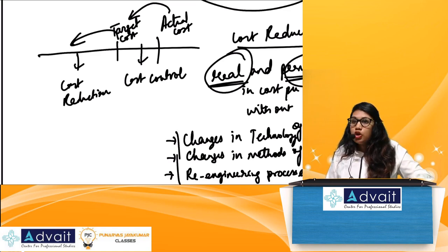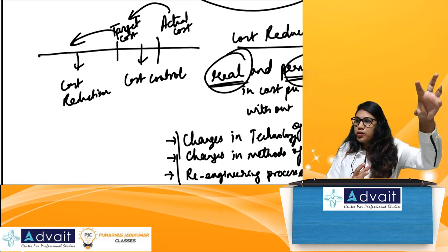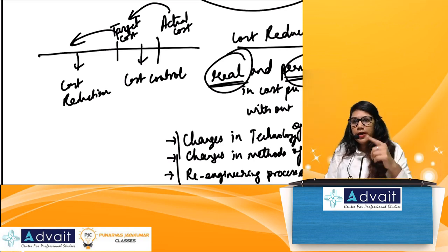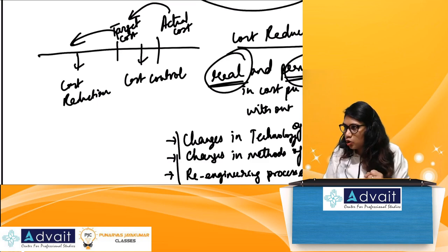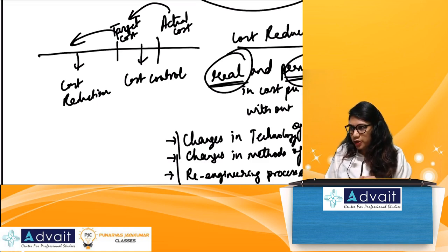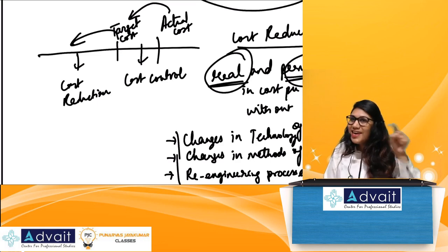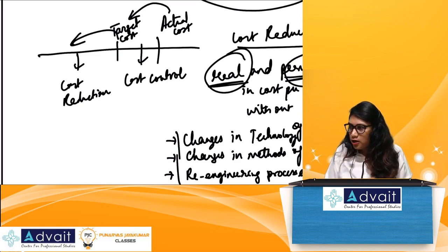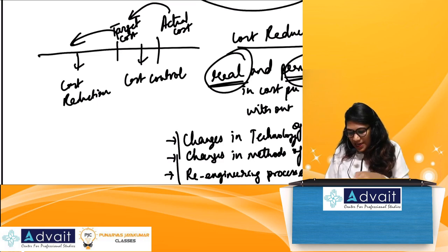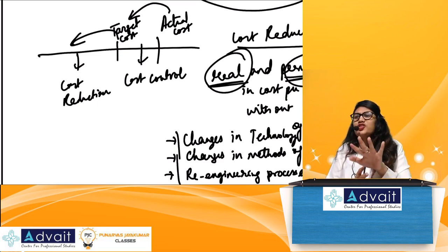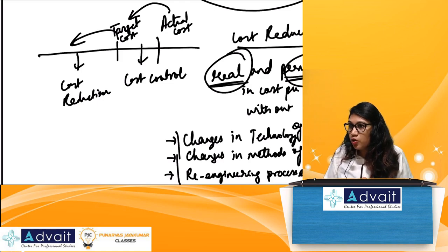When I'm controlling my actual cost to bring it down to target cost, that is cost control. How? Supervision, quality inspection. I have to investigate the reasons why it is more, take corrective action, and keep practicing it. So it will become equal to target cost, or a bit of deviation from target cost, which is acceptable deviation.